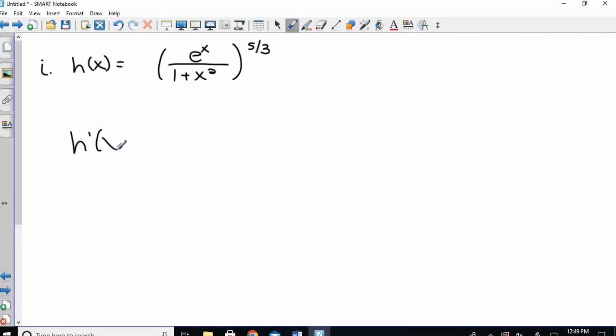So if we jump into our derivative, we have to do power rule. So 5/3 comes down, inside stays the same. Subtract 1 from the power, times the derivative of the inside. How will I do the derivative of that inside?